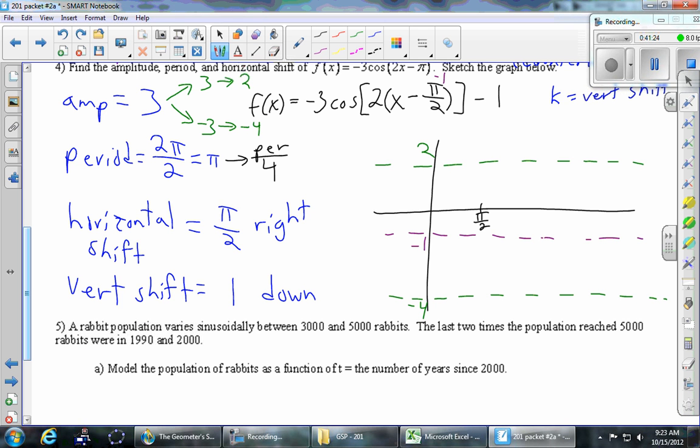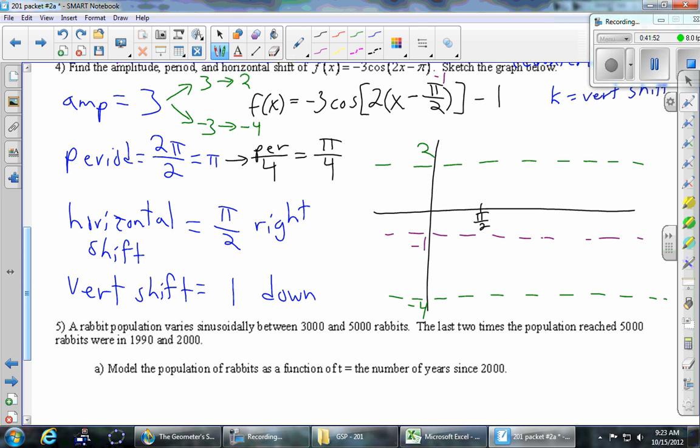Always 4, because I always cut my graph up into the 4 pieces, the 4 quadrants. So the period divided by 4 is pi over 4. So the special points that I'm about to plot, these are going to be the top point, the bottom point, the middle points. Those are the special points for me. They're all going to be in intervals of pi over 4.